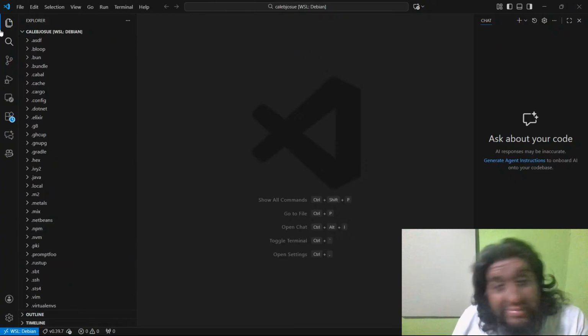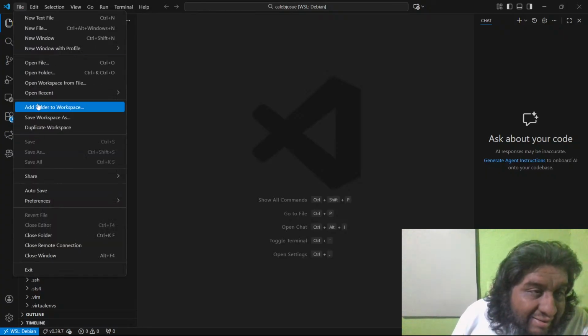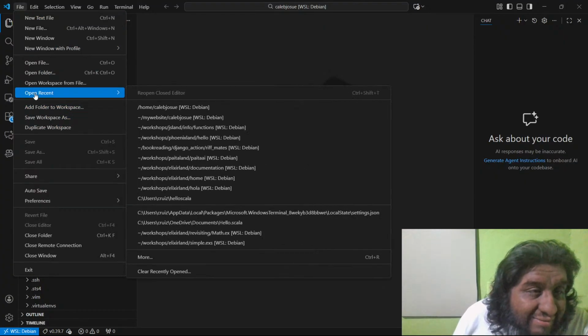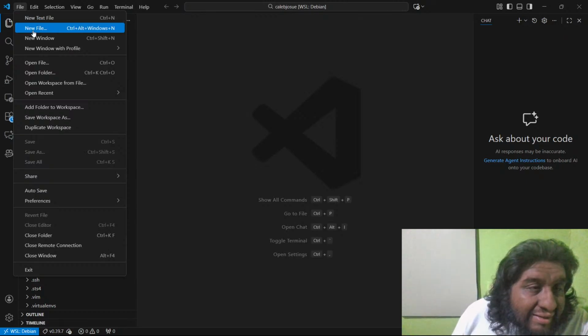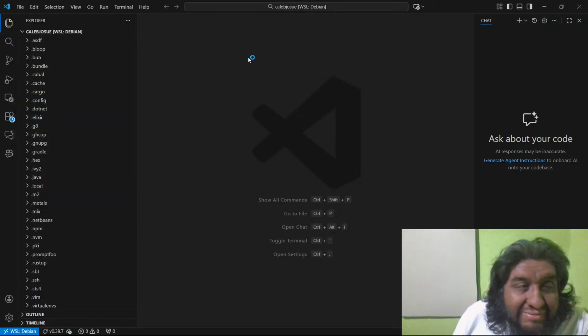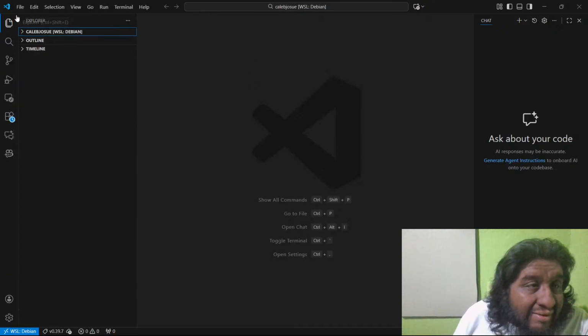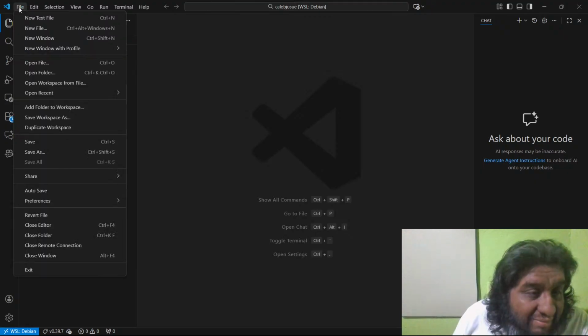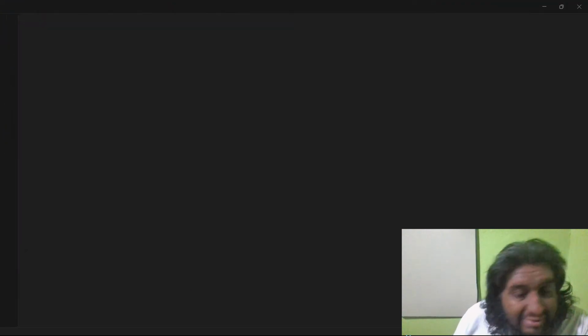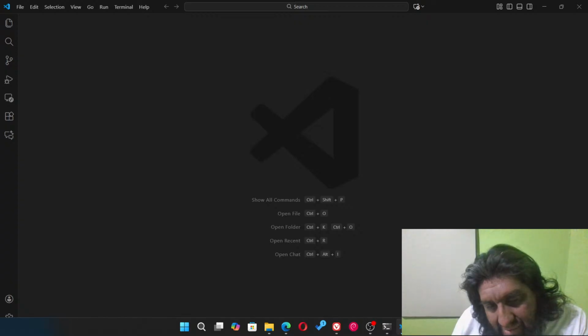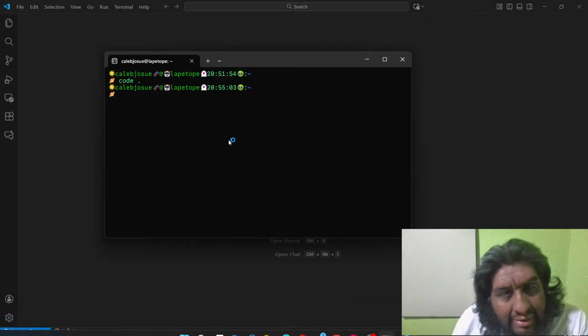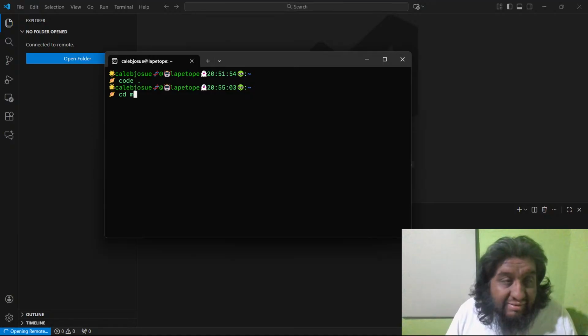Oh my God, I opened the wrong folder. Close folder. Where is it? Add folder. Say workspace. Open recent. No folder. Open recent. Oh my God, now what? I opened everything. Close folder. So now let's switch directories.